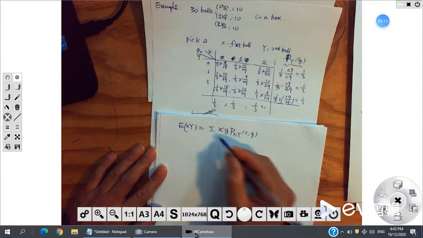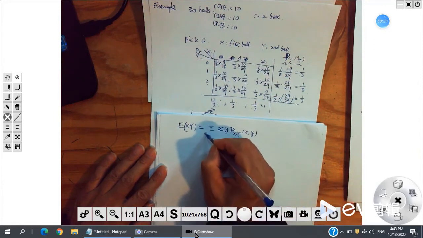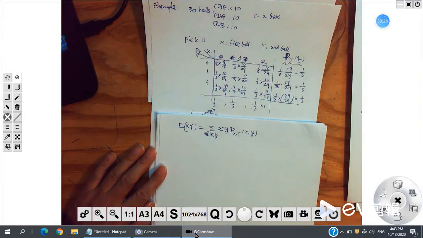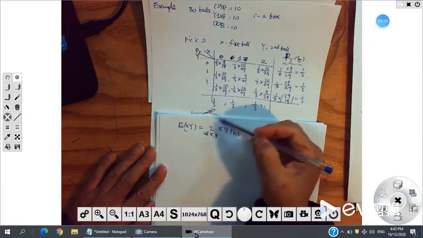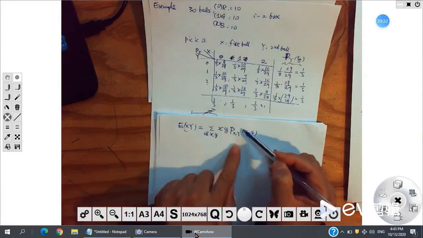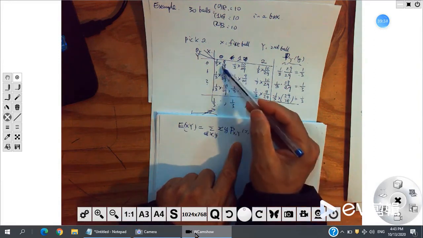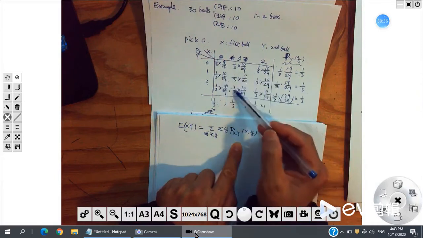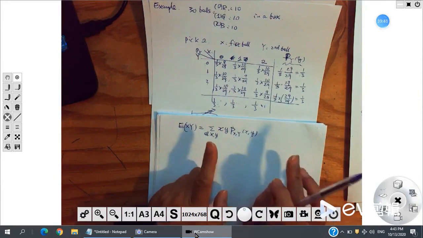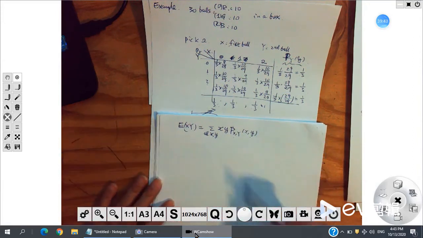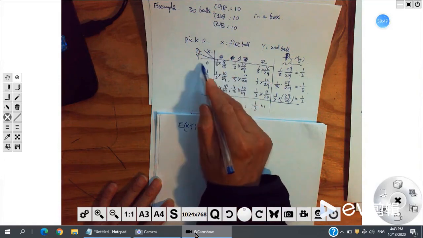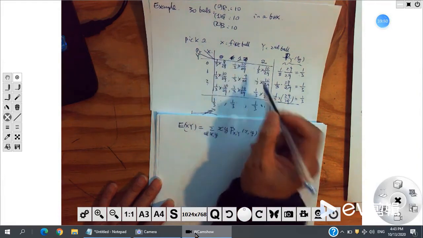Here you have the mass function, and only for these 9 values it is non-zero. Otherwise, it is just 0. You add some zeros, nothing. Okay, then we only consider both x and y running from 0 to 2.